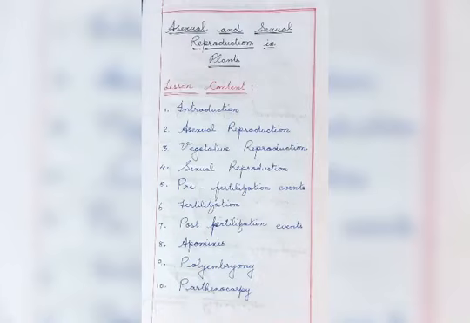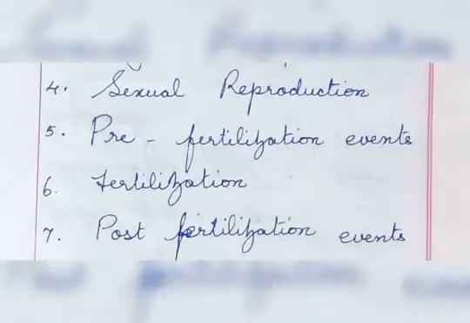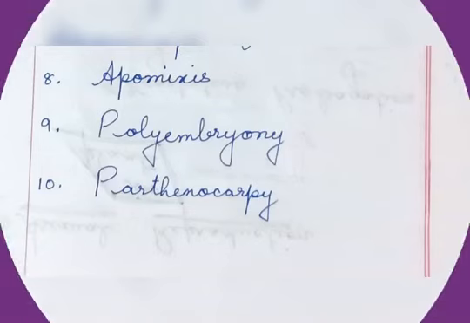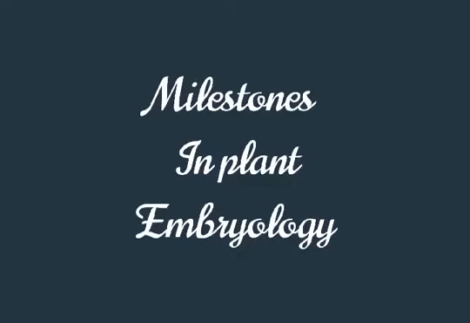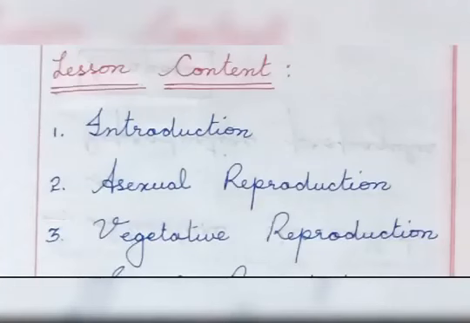It starts with asexual reproduction, vegetative reproduction, sexual reproduction, then comes pre-fertilization events, fertilization events, then post-fertilization events, apomixis, polyembryony and parthenocarpy. So these are the topics that we are going to discuss in our classes. And today I'll be going with a few topics, that is the first 3 with the introduction, the asexual reproduction and the vegetative reproduction.